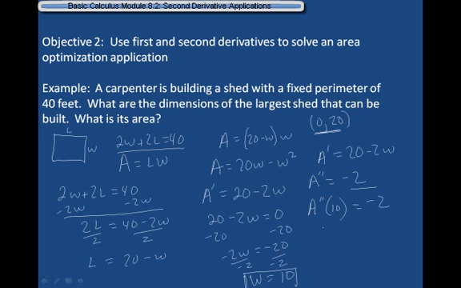So this tells us that this value is going to be concave downward and that this is going to be a maximum point. And so the dimensions of the largest shed that we can build is going to be a 10 by 10, which would give us 100 square feet.